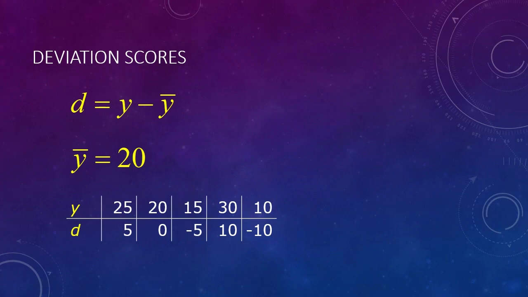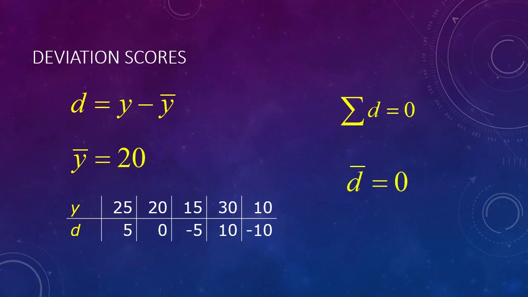The score of 15 is 5 points away from the mean, but it's below the mean, so the deviation score is -5. The absolute value of a deviation, that is the deviation without the sign, tells us how far away the score is from the mean, but the sign tells us whether the score is above or below the mean. Here's an interesting fact about deviation scores.